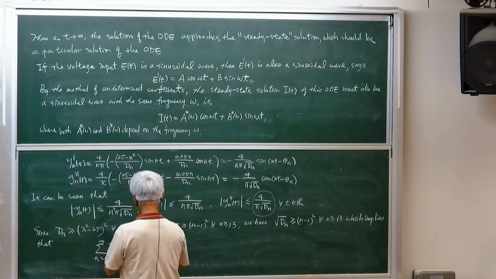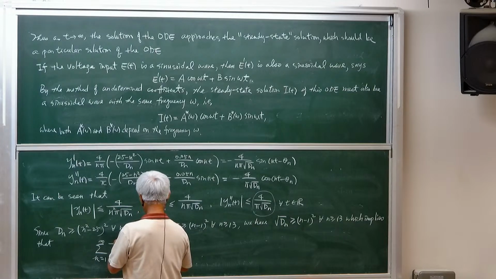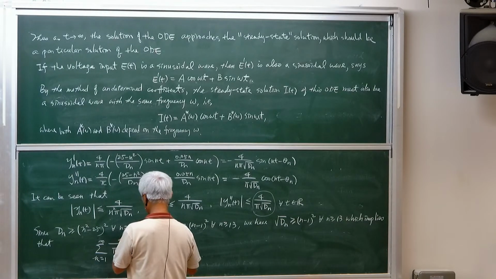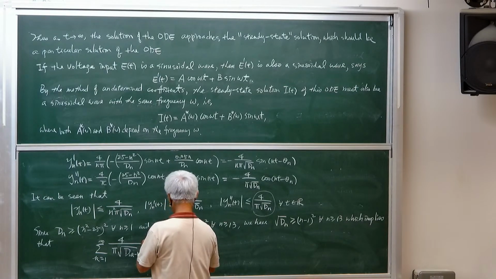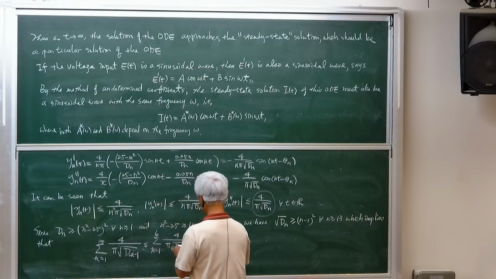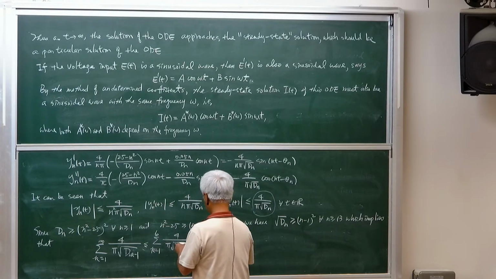Now we can split it: k from 1 to 6, 4 over pi square root of d_{2k-1}, plus the summation for k from 7 to infinity.